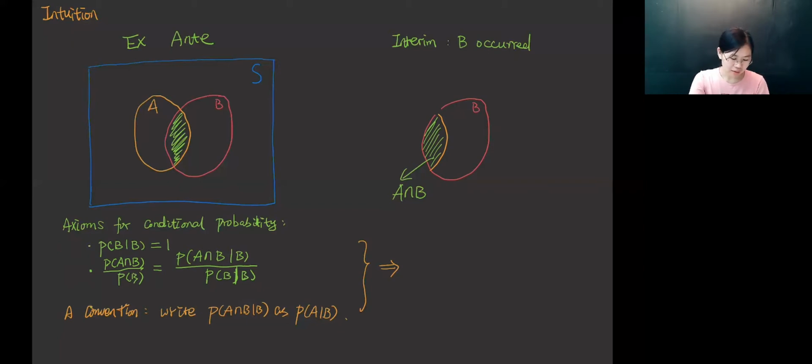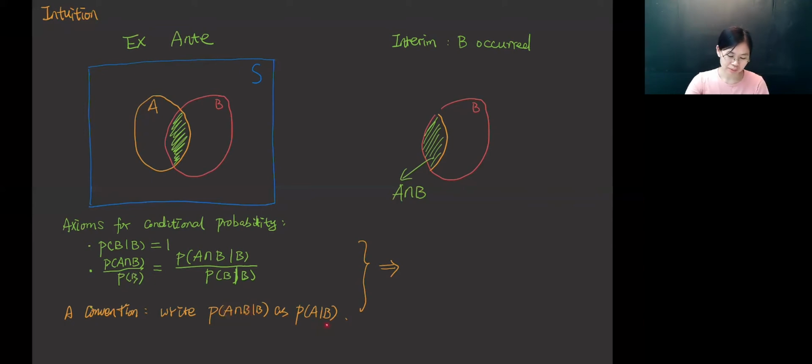And we add on top of these two axioms a convention that we conventionally write probability of A and B given B just as P of A given B. That's because given that B occurs, only the elements in A that are also in B can occur.